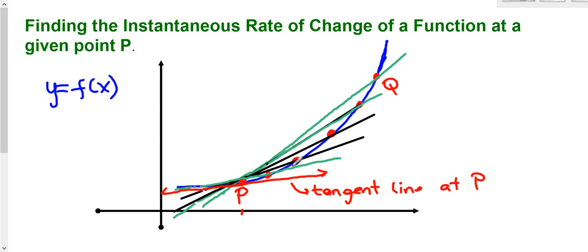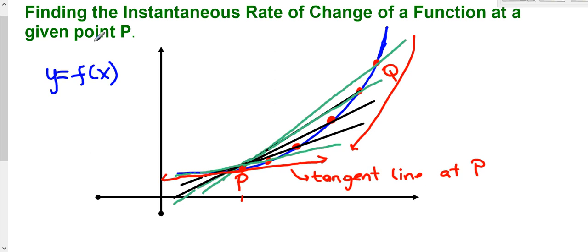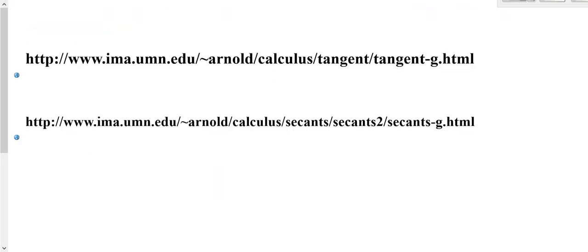In each case, we will be finding the slope of those secant lines. And ultimately, those secant lines are going to approach this tangent line. In the limiting case, when the distance between P and Q goes to 0, the slope of the secant lines will approach the slope of the tangent line. And that is the instantaneous rate of change. So how do we derive a formula for this?